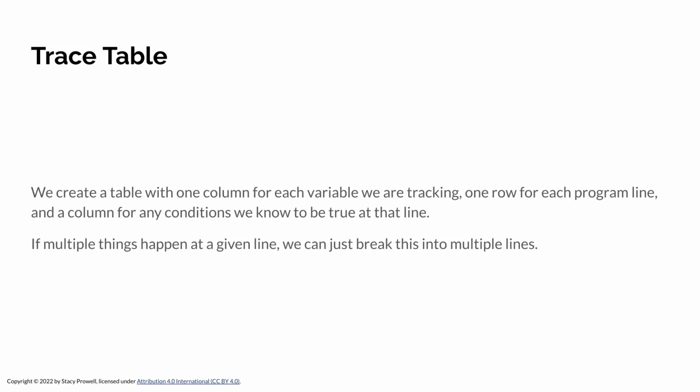And so if multiple things are happening at a given line, we can just break that into multiple lines so that we can break things apart. For example, with the loop instruction, we're going to decrement a register. We're going to check to see if it's 0. There's many cases in assembly language where several things are happening, and we might need to break them up so we can analyze the program.